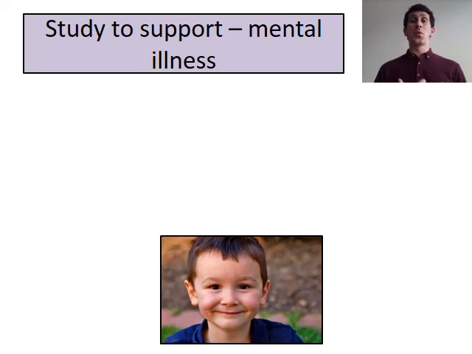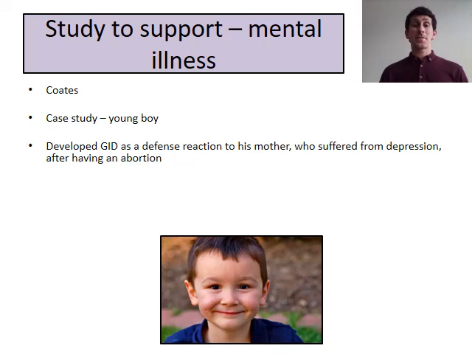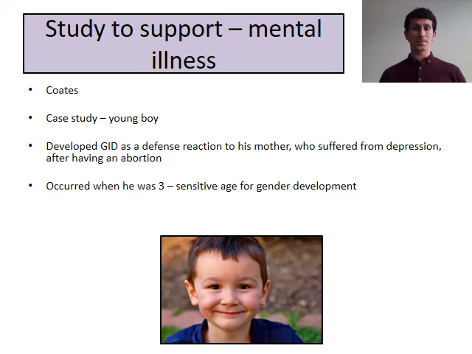So there is a study to support it being a mental illness. Coe conducted a study of a young boy and found that he developed GID as a defense mechanism as a reaction to his mother, who was suffering from depression after having an abortion. So the mother had her abortion, and the child developed GID as a defense mechanism to help him deal with his mother's depression.